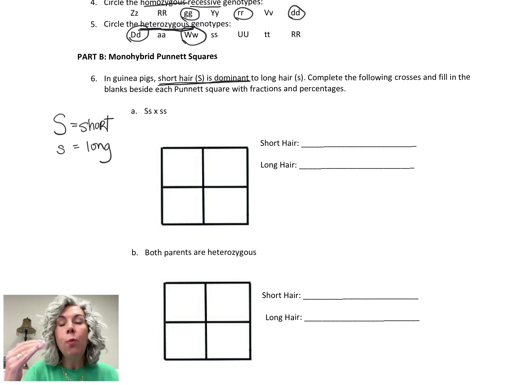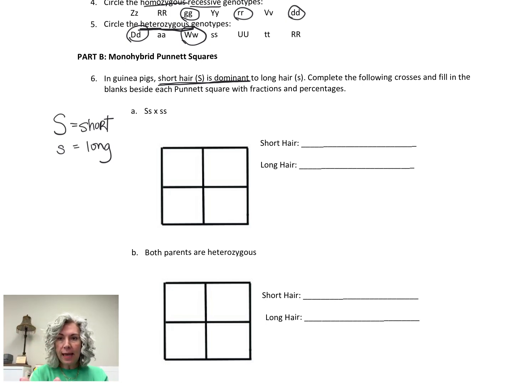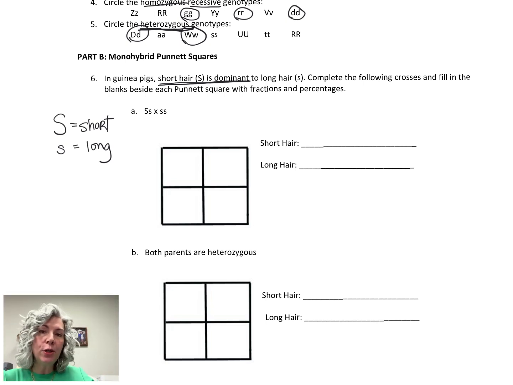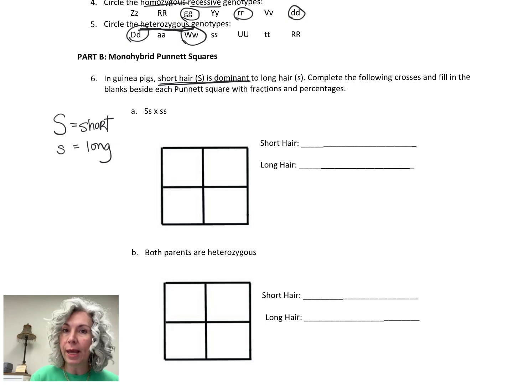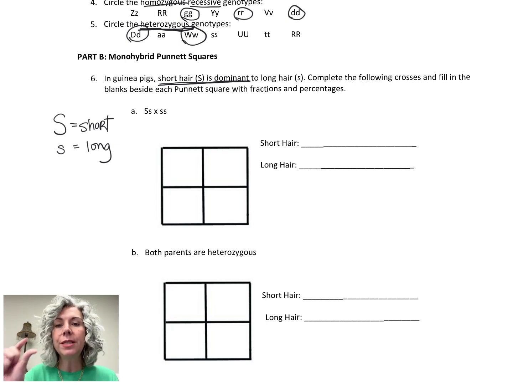So if you were to have an S for short and an L for long, that means the S represents one trait and the L represents another trait, and that's not correct. The same letter represents the same trait. So capital S dominant to lowercase s. Short dominant to long hair. So use the same letter per trait.